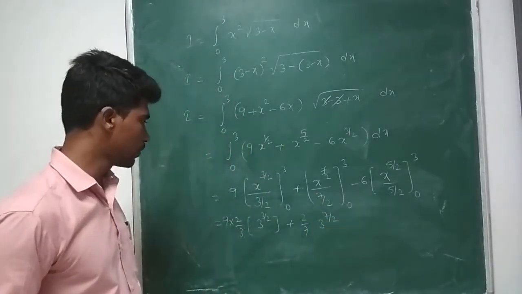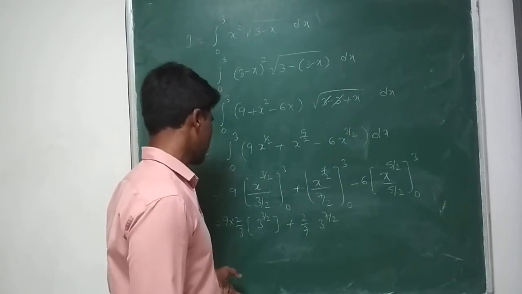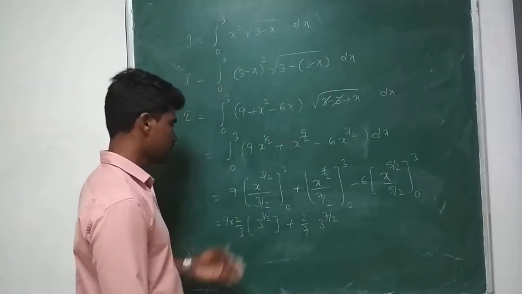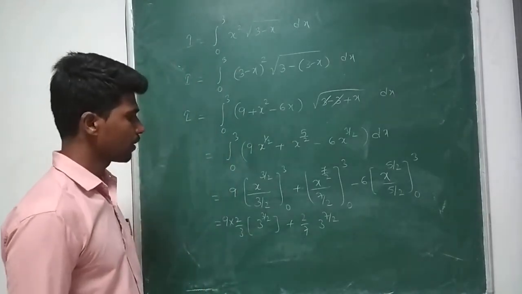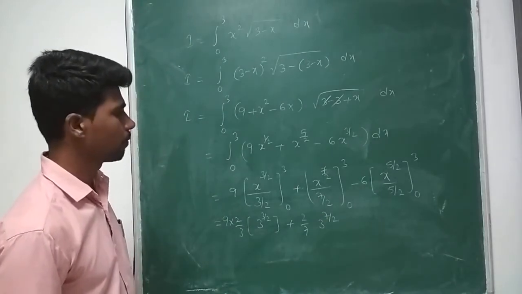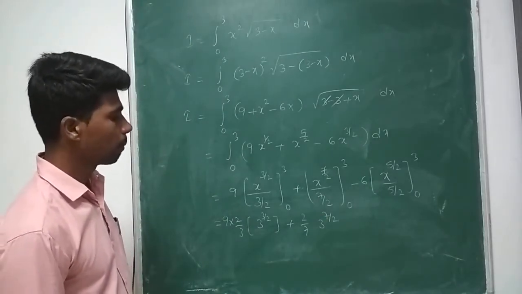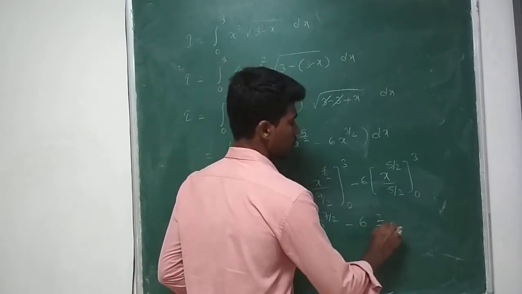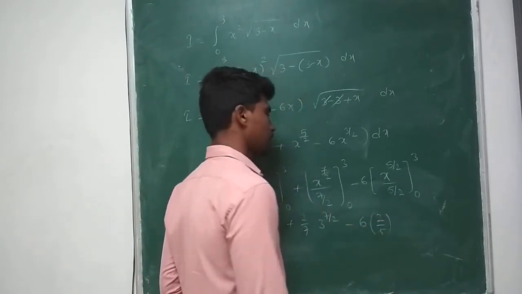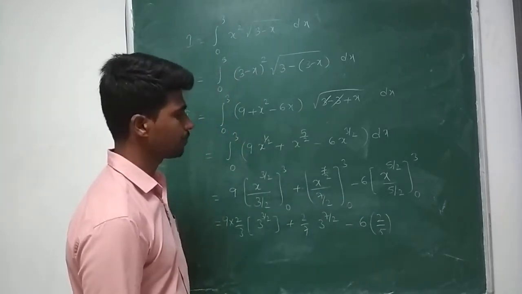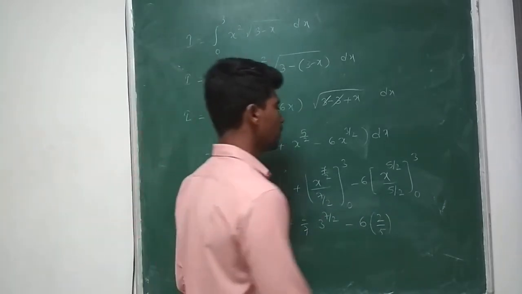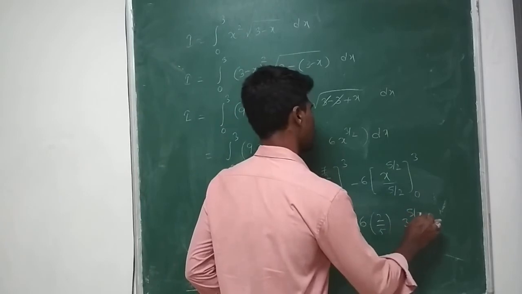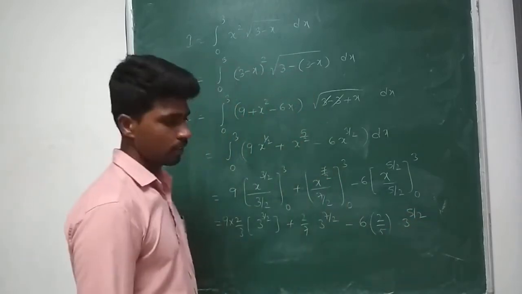Next, minus 6 into 2 by 5 into 3 power 5 by 2.